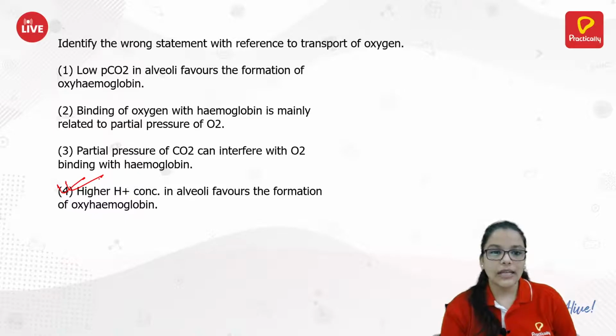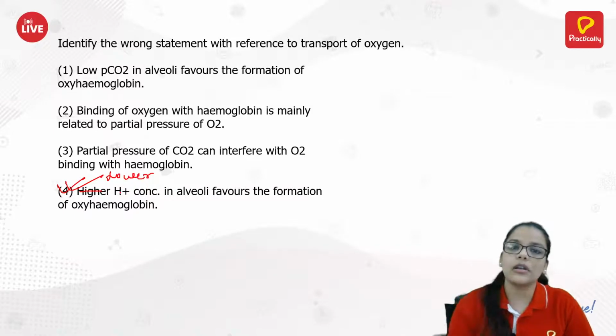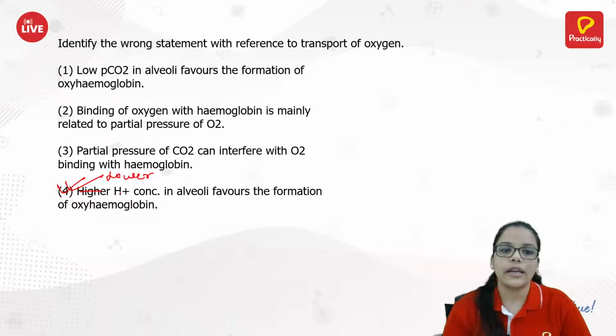Okay, because high hydrogen ion concentration in alveoli does not favor it. It is the lower. Okay, the lower the hydrogen ion in alveoli, more are the chances to form oxyhemoglobin.